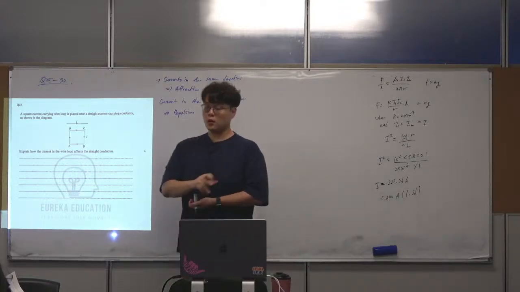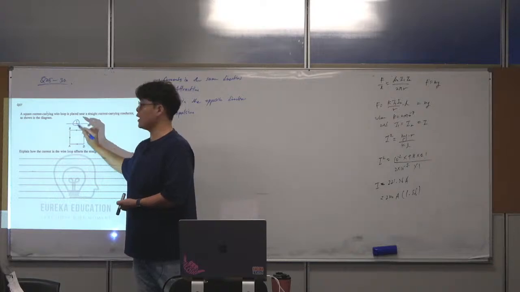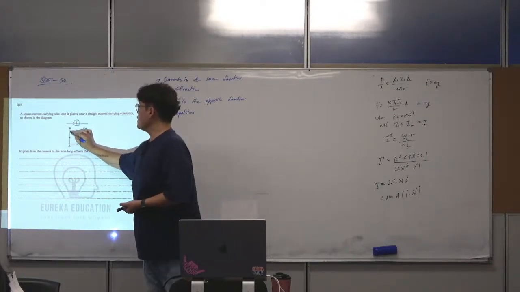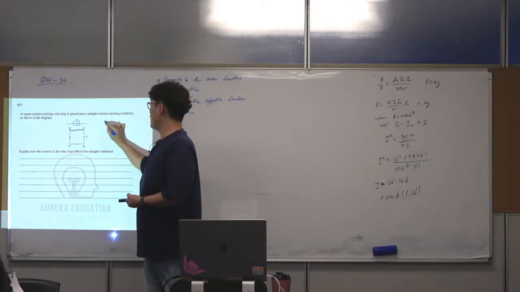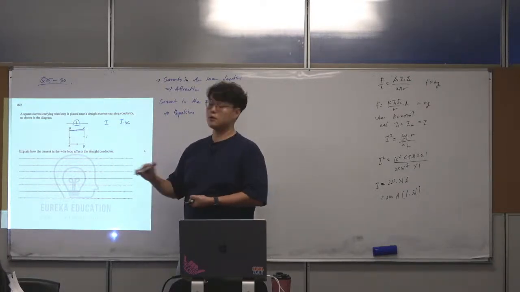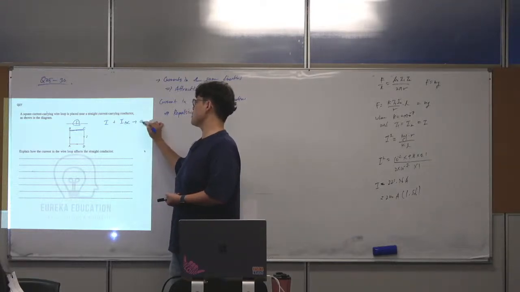So you have to think of two things here. This wire, if this is not fixed, is more flexible. For the line BC, the interaction of I2, the IBC, with the straight conductor would be what? These two would make an attraction.